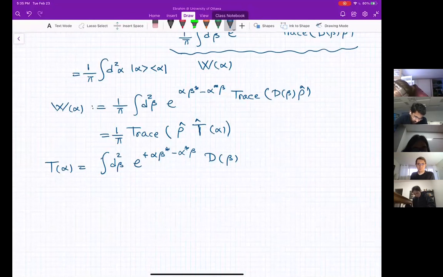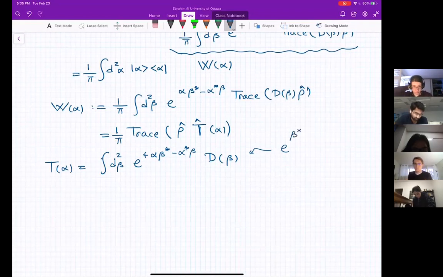And we know that D operator is the exponential of beta A dagger minus beta star A.